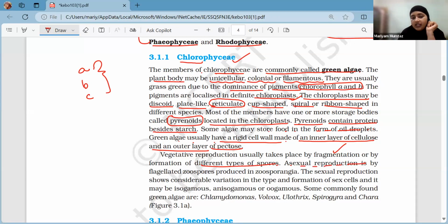Asexual reproduction is by flagellated zoospores that are produced inside the zoosporangia, meaning these are endogenous spores. Now the sexual reproduction shows considerable variation in the type and formation of sex cells, and it may be isogamous, anisogamous, or oogamous. Because we studied the reproduction part in algae already, it's going to be the same for most of them.